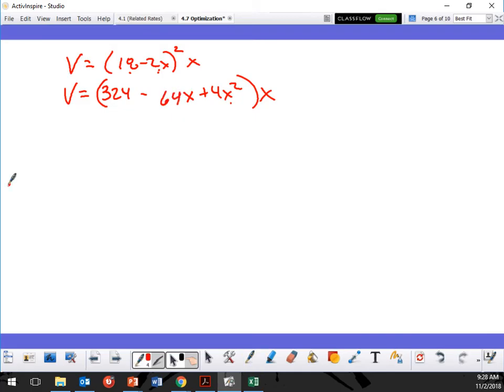So now volume is equal to 324x minus 64x squared. It should be 72, though: 18 times 2 is 36, times 2 is 72. Is that what I messed up? Yes, you're right.